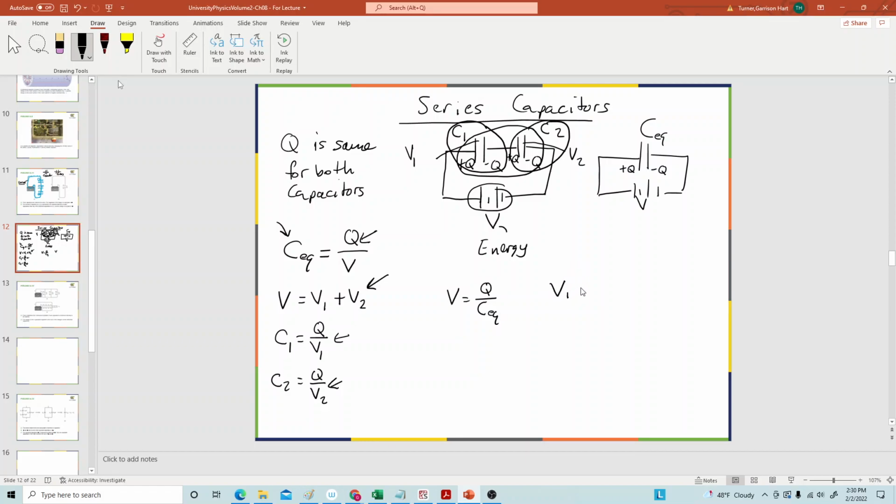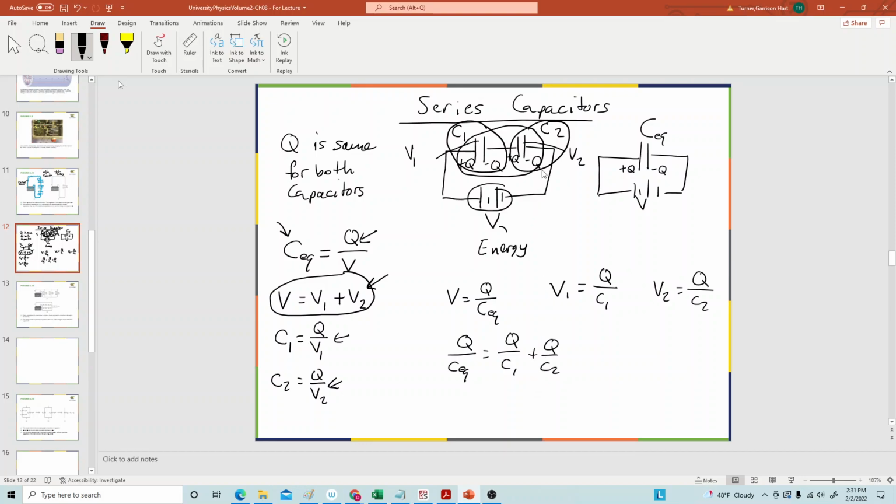And V1 is going to be equal to Q over C1. And V2 is going to equal Q over C2. And so what that means is if this equation is true, then we're going to have Q over C equivalent is equal to Q over C1 plus Q over C2.